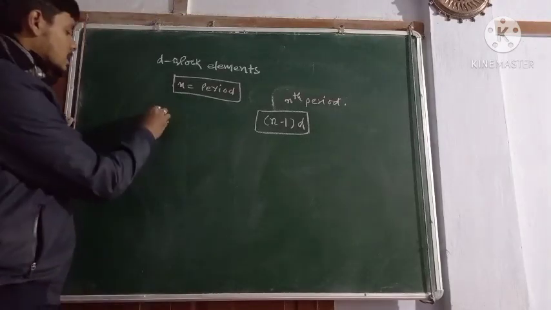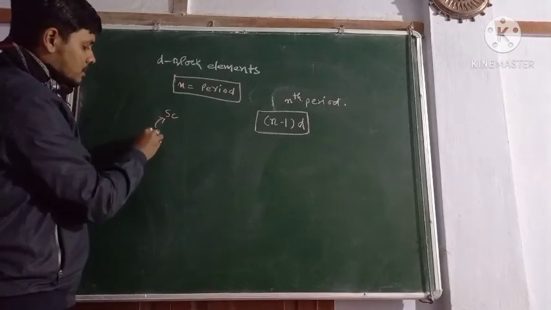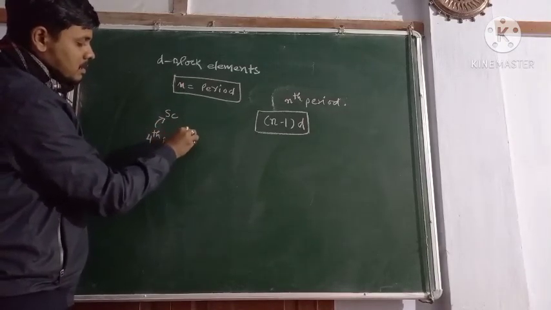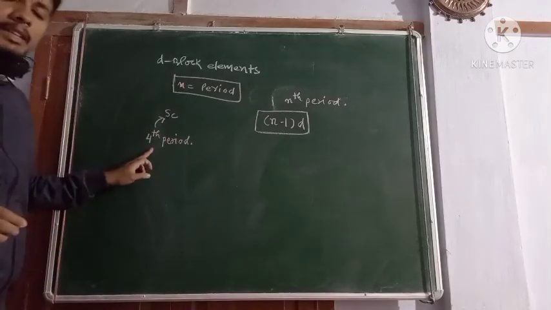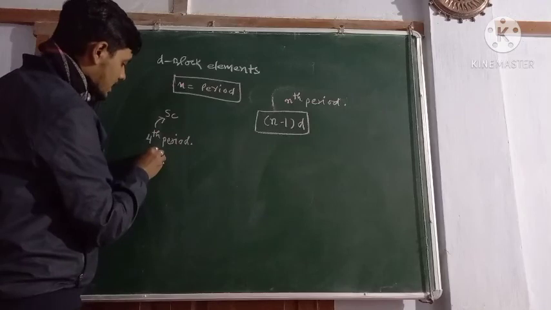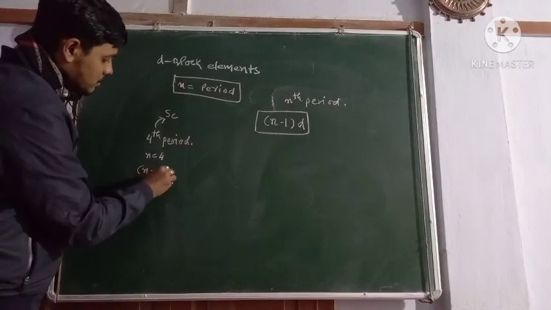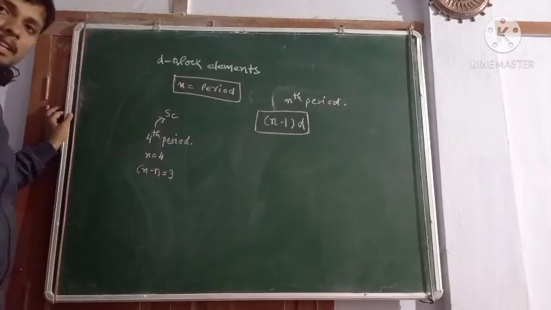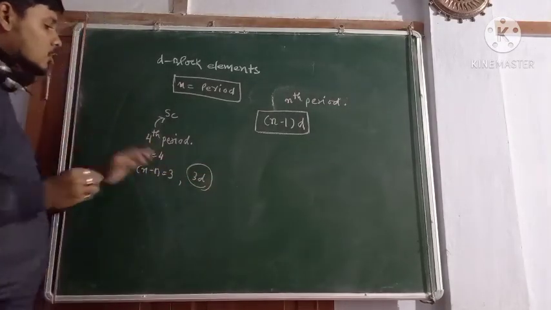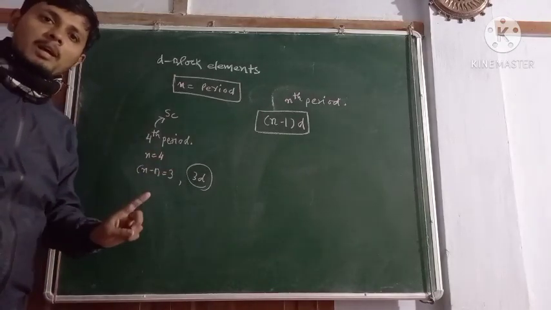That means if I consider scandium, which is present in the fourth period, since it is a d block element, here n equals 4, that means n-1 equals 3. That means the 3d orbital will fill.